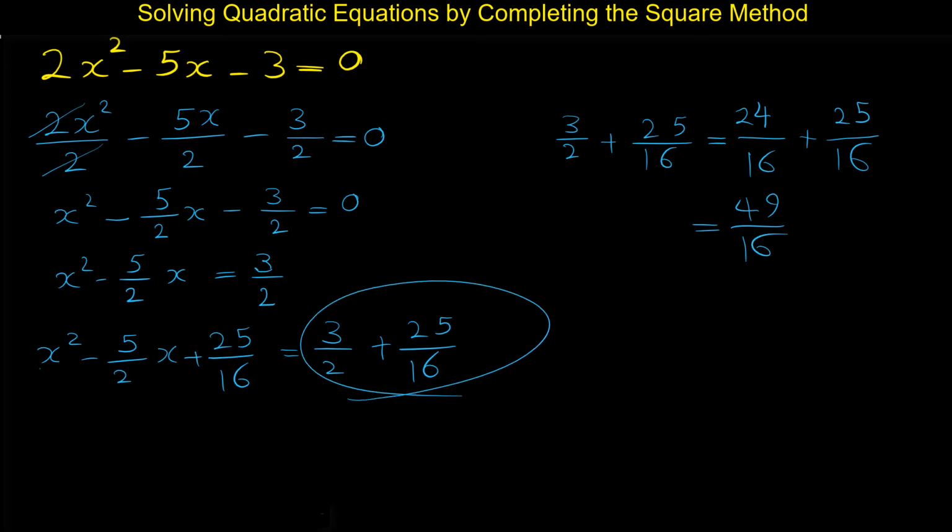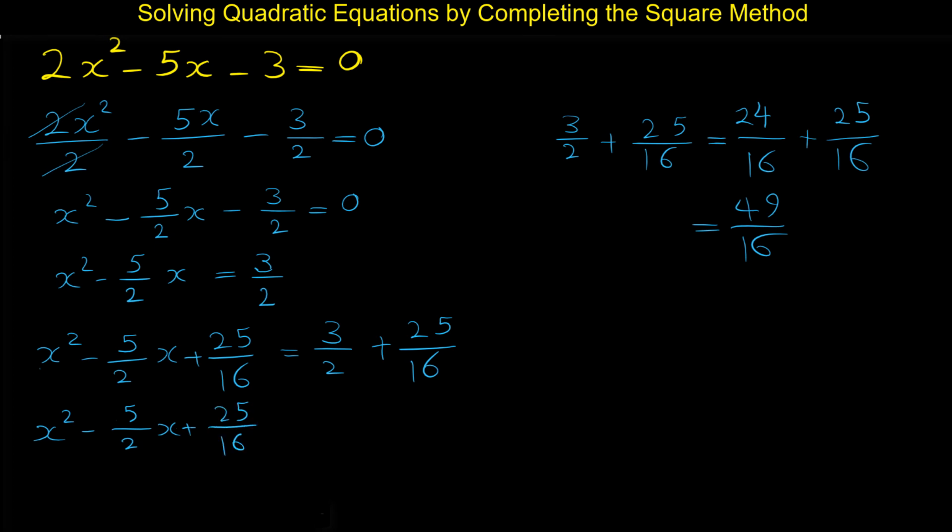So 3 over 2 plus 25 over 16 is 49 over 16. So we have x squared minus 5 over 2 x plus 25 over 16 is 49 over 16.